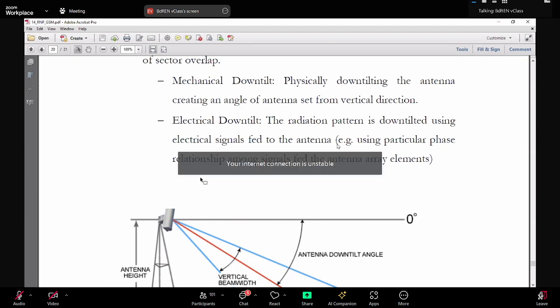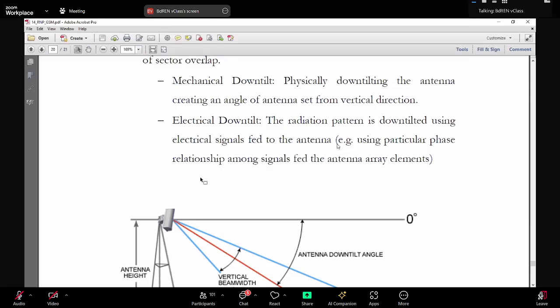Like in mobile, there are some MIMO techniques which use this kind of concept. It may be transmitting towards you within the cell using a narrow beam, and as you are traveling, it will also track you by changing its direction. But this change in direction of antenna radiation is basically done by some change in the phase differences of the feeding lines.